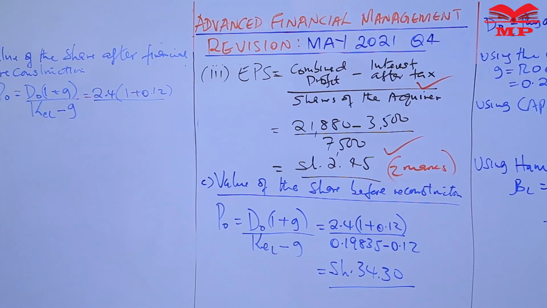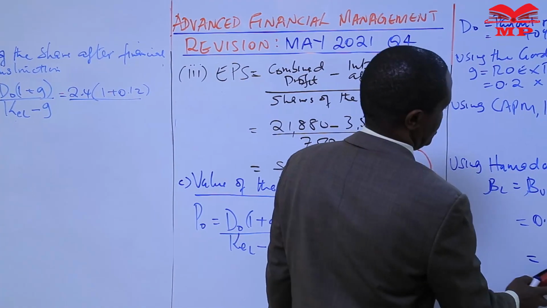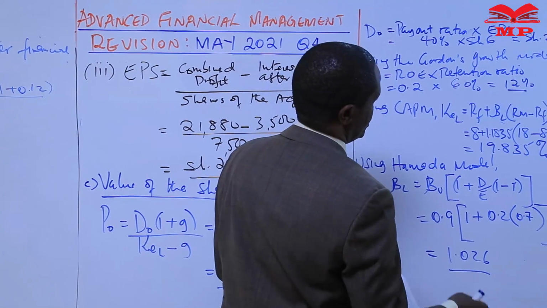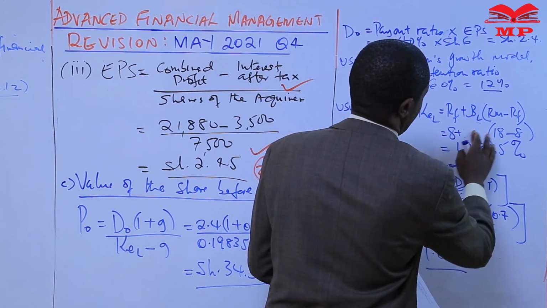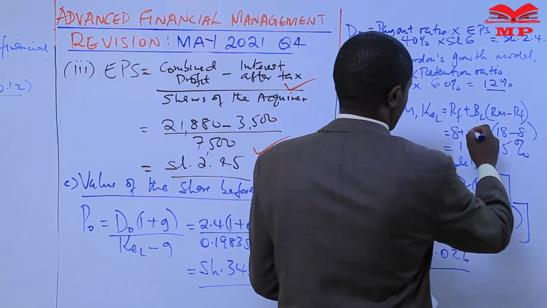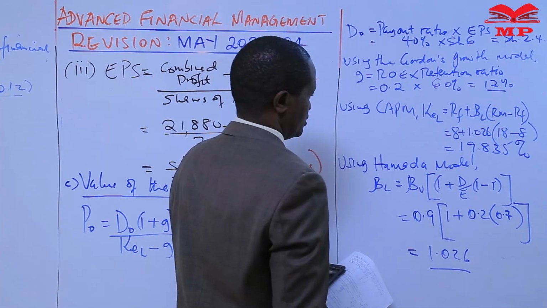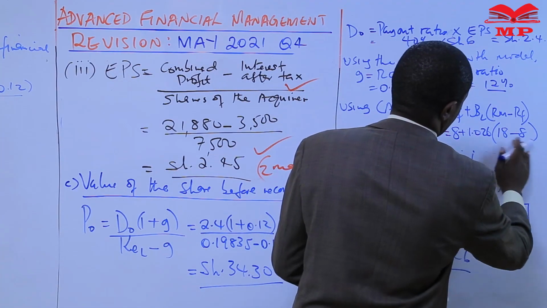Therefore, candidates, the cost of equity of the levered firm will also change. Using CAPM, let me just use this place to work out the CAPM. Beta will change to 1.026. Therefore, this will change after reconstruction.